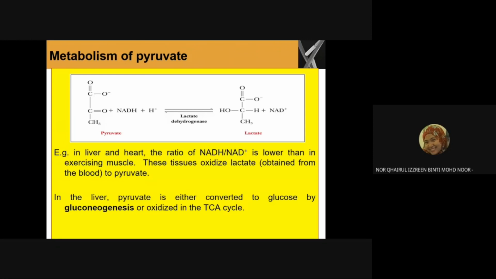It depends. In heart muscle, they oxidize lactate to carbon dioxide and water using the TCA pathway. This happens only in heart muscle. In the liver, it can choose either gluconeogenesis to produce glucose or oxidation in the TCA cycle, continuing with the glycolysis pathways.